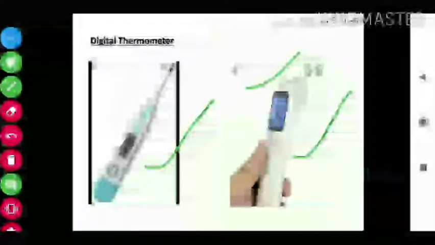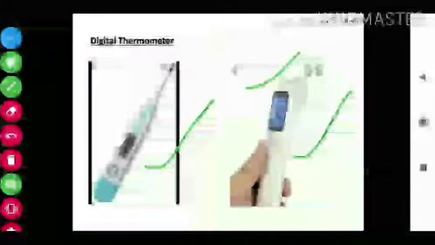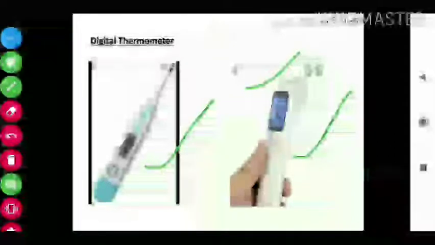You can see this thermometer in places like stations or hospitals, where they are using this type of thermometer to measure the temperature of persons who are entering the hospitals, or those who are getting out of the train and going out. They are measuring the temperature by this.